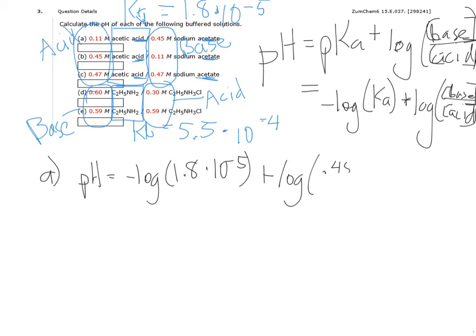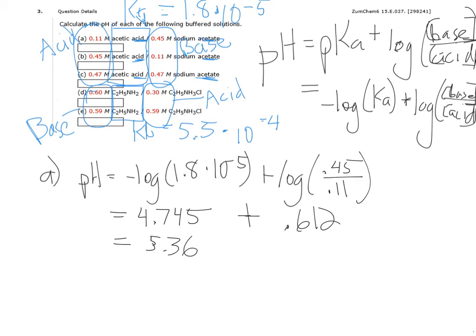So that would be log of 0.45 over 0.11. On your calculator, the negative log of the Ka value is 4.745, and the log of 0.45 over 0.11 is 0.612, and so that works out to be 5.36 for a pH.